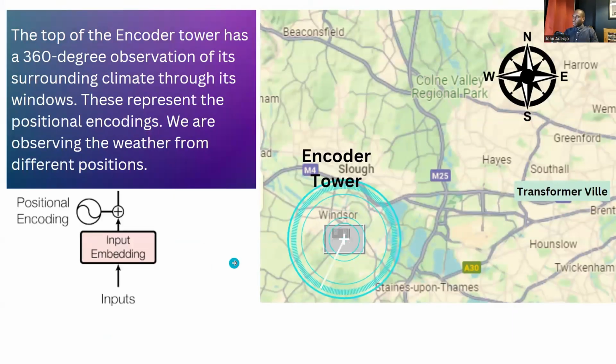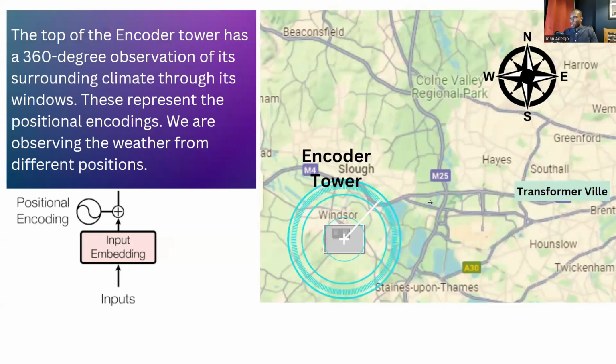So our encoder tower at the very top has what I call 360 view of everything that's happening. You can see that represented by this radar here. It's got a 360 view around it, right? And, obviously, when we're talking about 360 view, we're talking about position, okay? So we're capturing weather from all positions that we can.